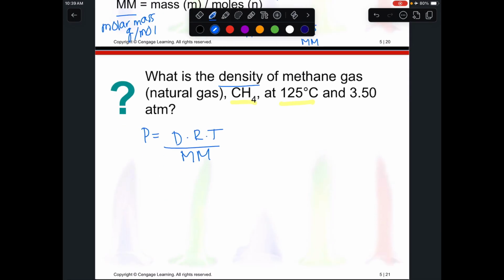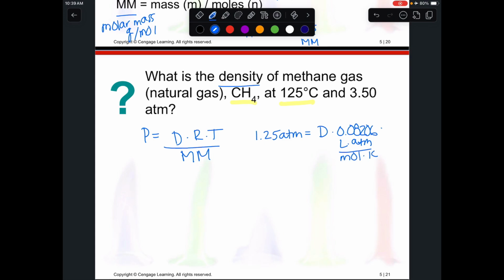And so I'm solving for D, so my pressure is 1.25 atm, and looking for D, and I'm going to use 0.08206 here because that is liters atm per mole Kelvin.